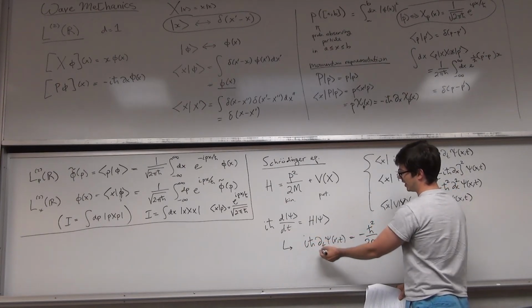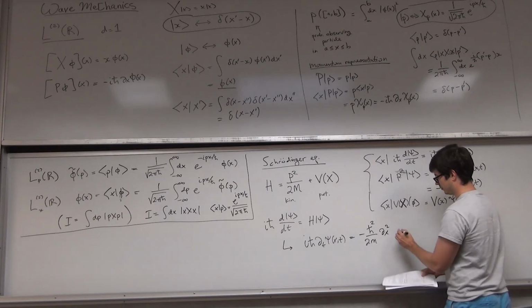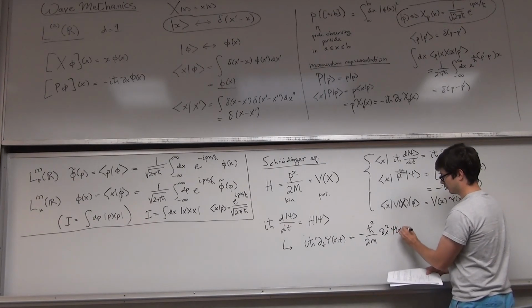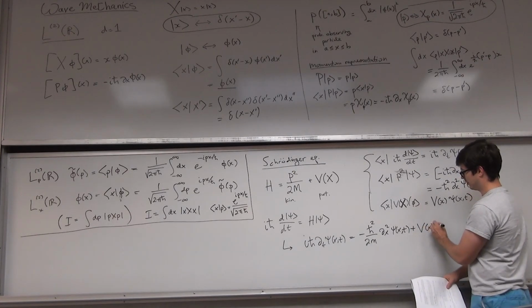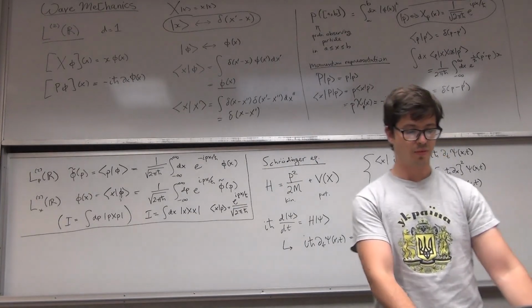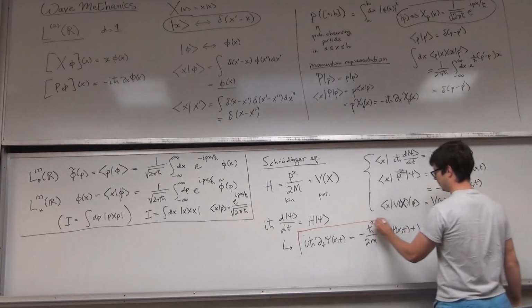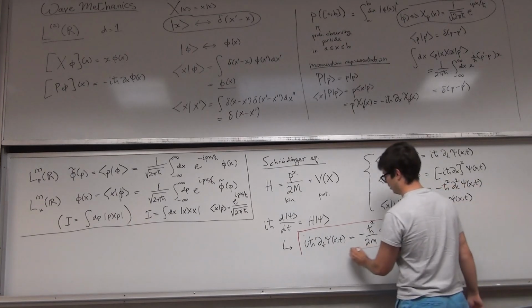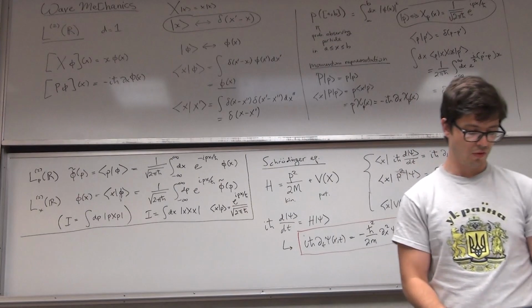There's this piece, i h bar partial t, and so on, and then there are two derivatives, and then there's a potential piece. So that's the big important equation that we're going to look at for a while. We want to solve this thing.